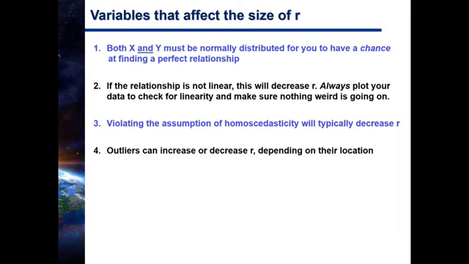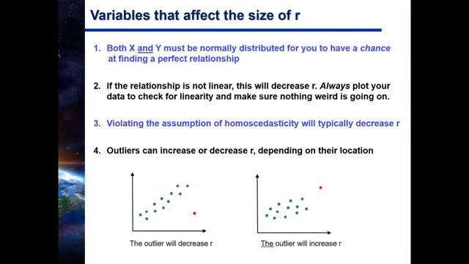Number 4, outliers. Remember, that was one of the assumptions. We said you should have no outliers in variable x and no outliers in variable y. Now, outliers can either increase the size of the R value or decrease the size of the R value, and it depends where the outlier is located. So that's illustrated here.